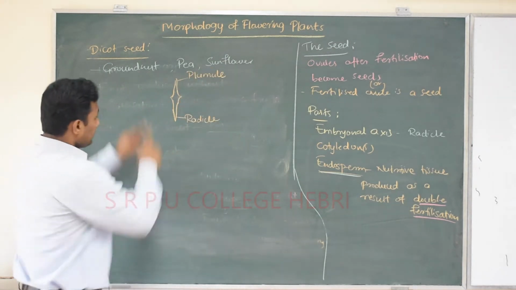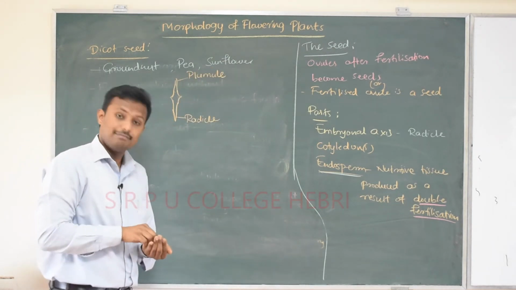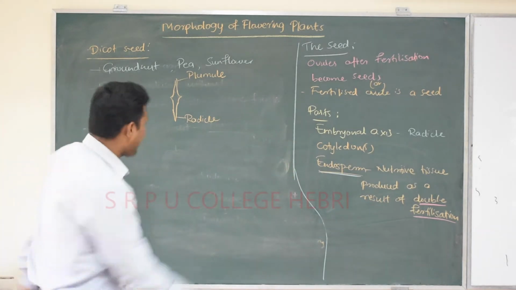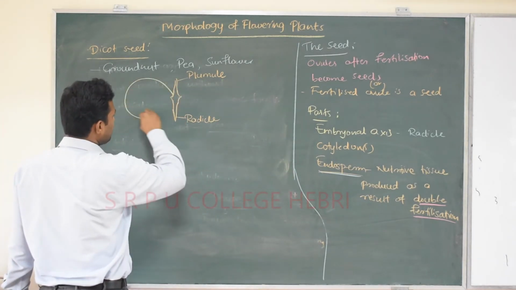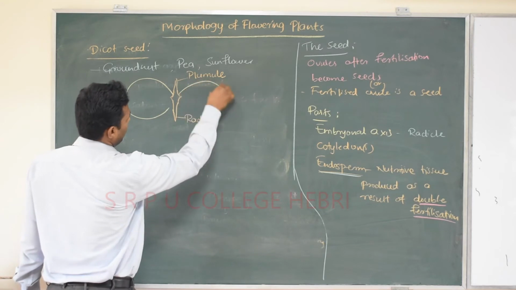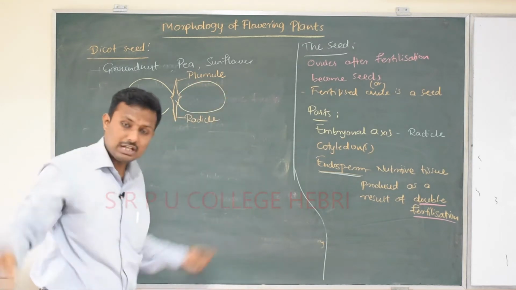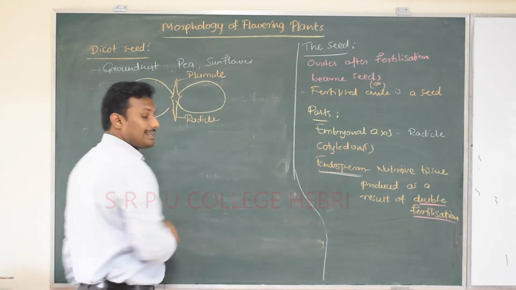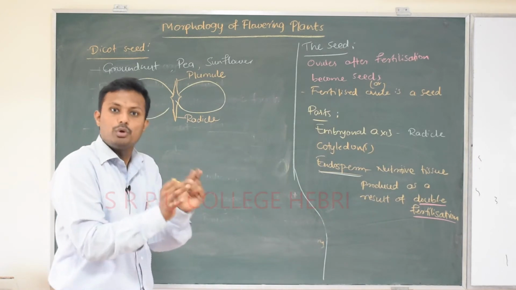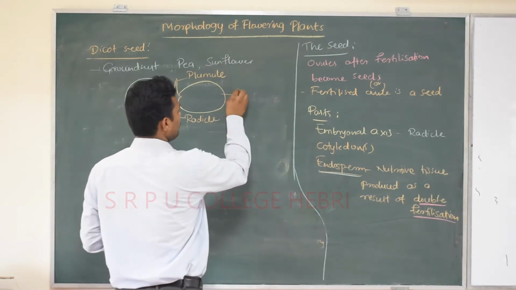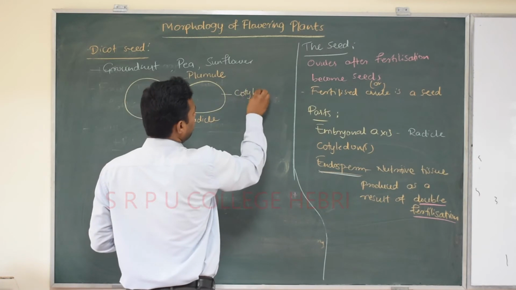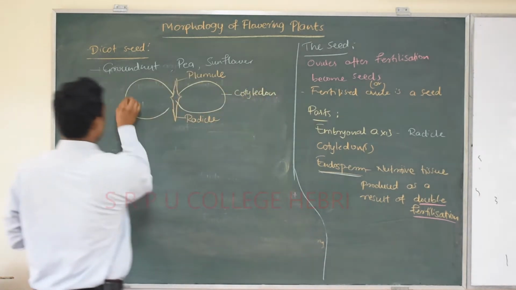And the embryonal axis will be flanked on both sides by enlarged cotyledons, bulgy enlarged cotyledons which are fully stored with the food material. So this is one cotyledon, this is another cotyledon.